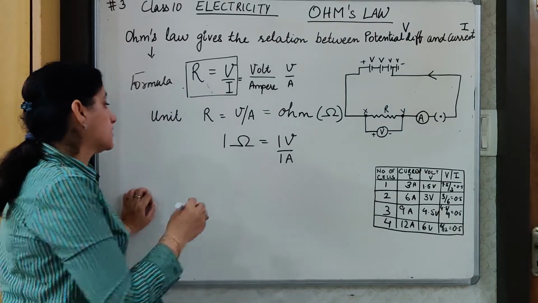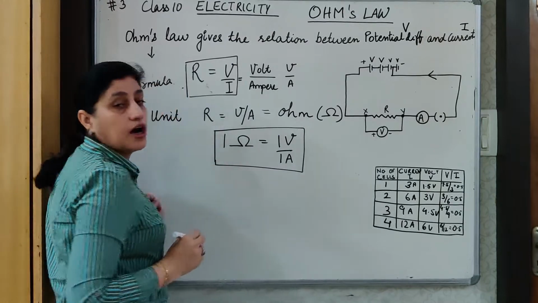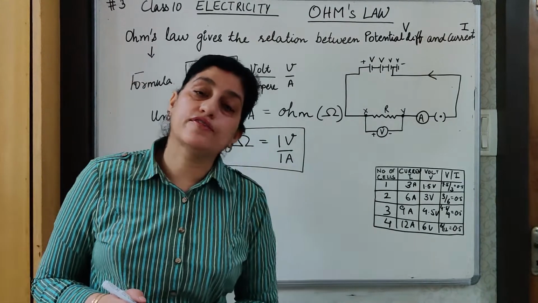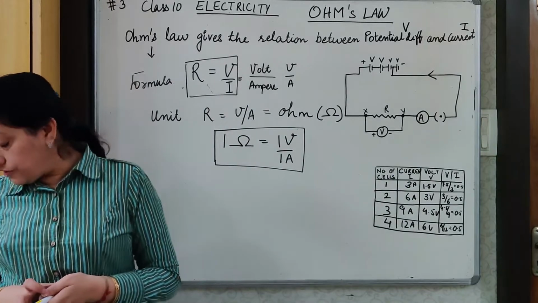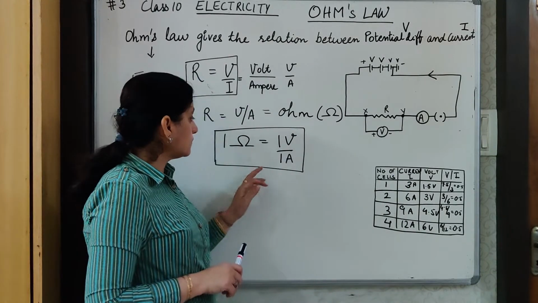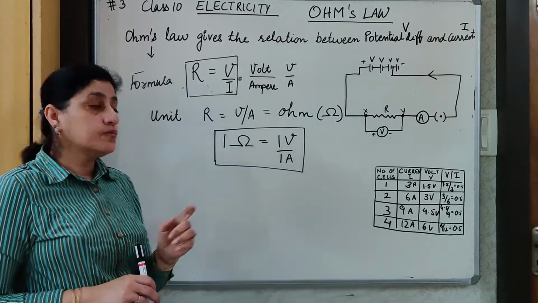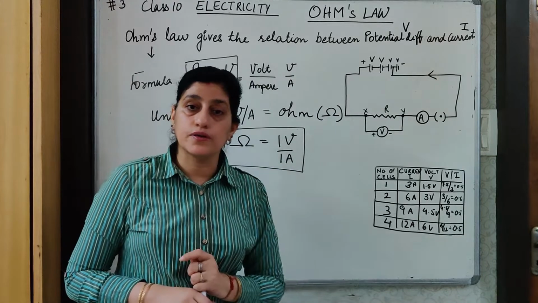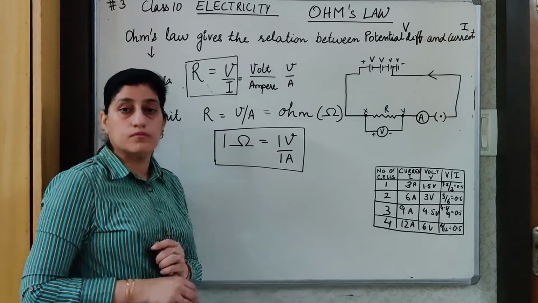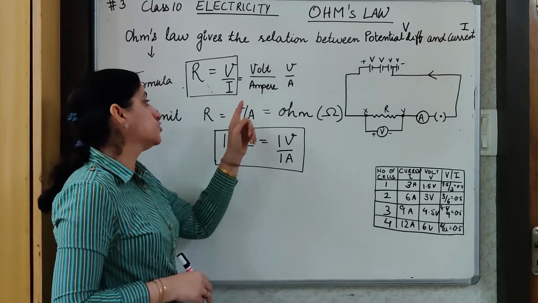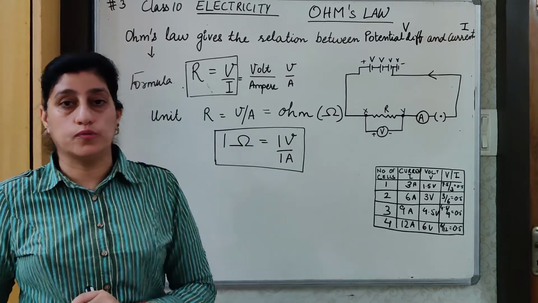How will we define 1 ohm? We have defined 1 volt and 1 ampere. When a 1 volt potential difference produces a current of 1 ampere, then the resistance is said to be 1 ohm. Is this clear?